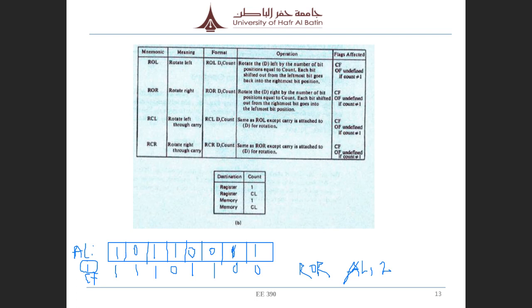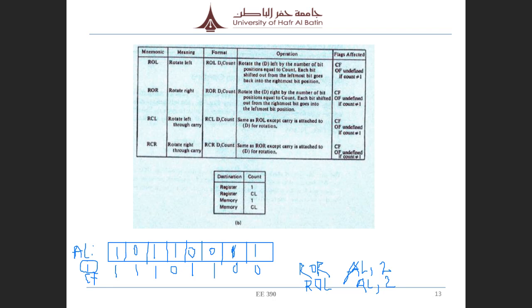Is it clear? Yes. So now what is the AL value? AL value is this one. Now if I say rotation left, AL comma 2, that is a 2-bit rotation left. During the left rotation, we start from the LSB because it's left rotation, right?